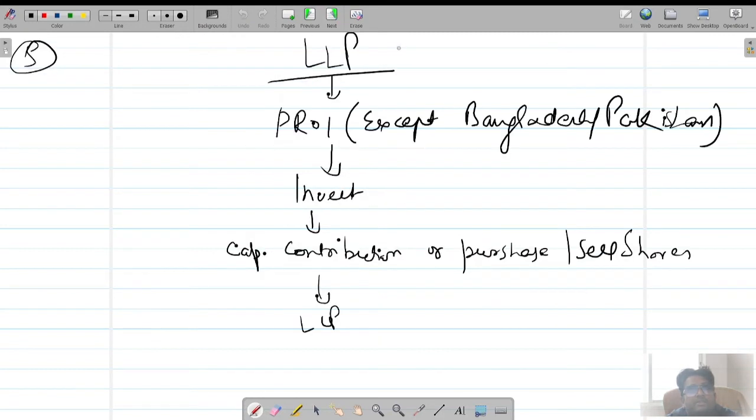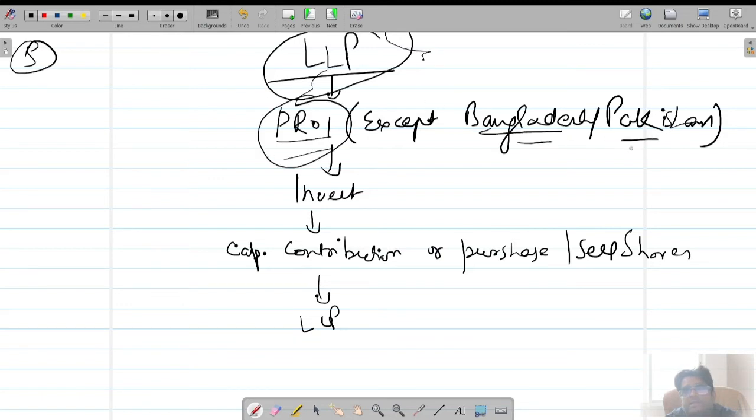Now we are going to discuss LLP. How can investment in an LLP be made? Who can make the investment? A person resident outside India can invest, but Bangladeshis and Pakistanis are not allowed to invest in capital contribution or purchase or sale of shares. That is, investment in an LLP can be made by each and every person except Bangladeshis and Pakistanis or entities registered in Bangladesh and Pakistan.